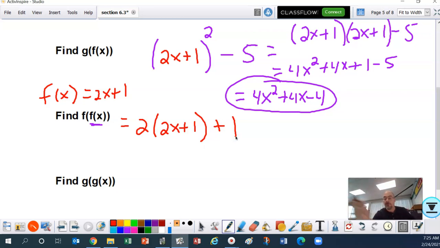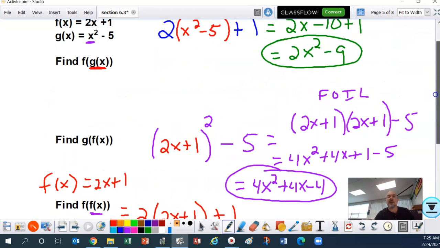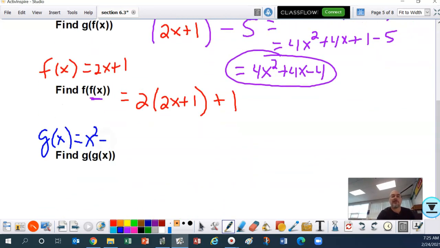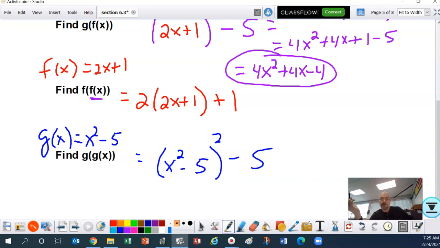Okay, then I could solve it. But to save time, I'm not going to do that. Okay, the next one, if you remember, g of x equals x squared minus 5. So I would plug it into itself. So that means, ladies and gentlemen, I would throw the x out and put the g of x into itself and solve.